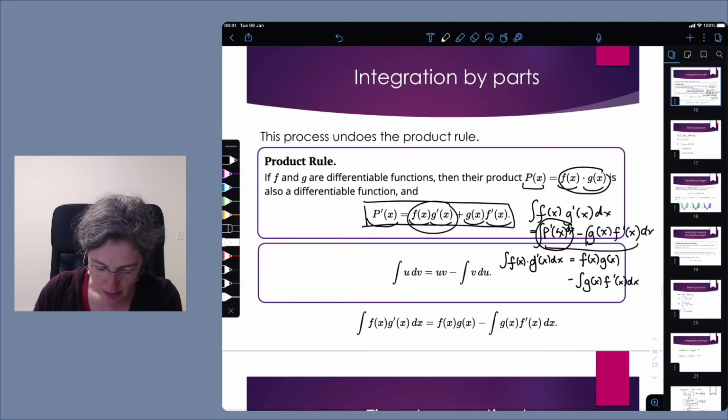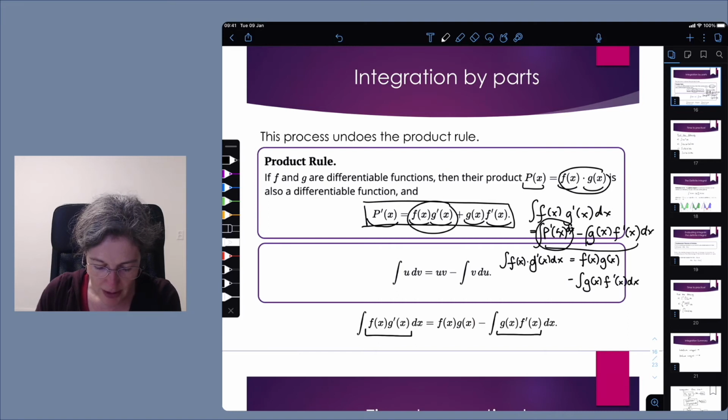So really what this technique does for us is it gives us a way of taking a product of terms that we might not be able to integrate and rewriting it in a form of something that we can integrate. So that's the simplest way to think about it.